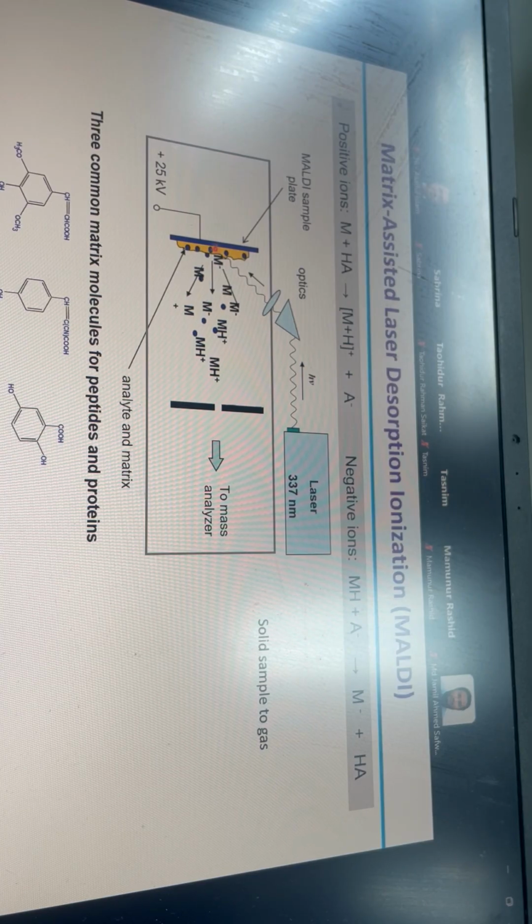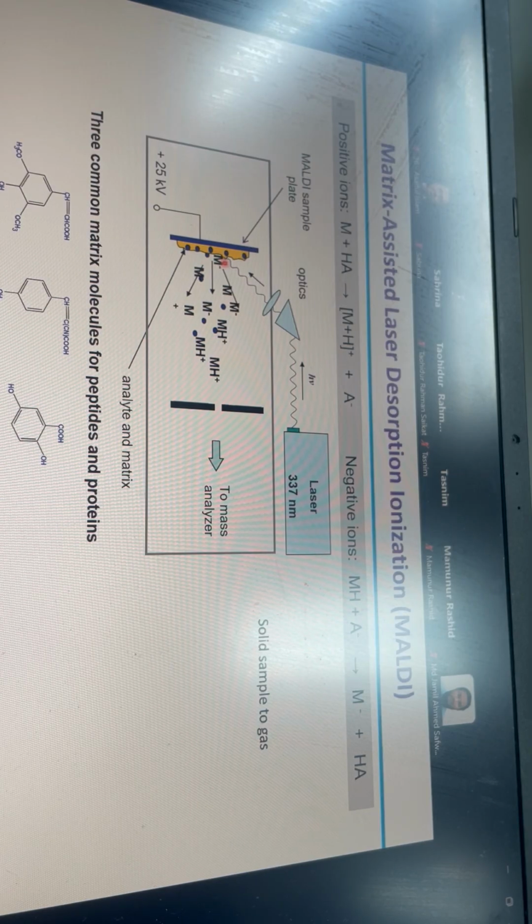The plate has different well numbers, and you shine the laser on the well spot, and then the matrix molecule absorbs the UV light and transfers its proton to the analyte molecules, and the analyte molecules get protonated.